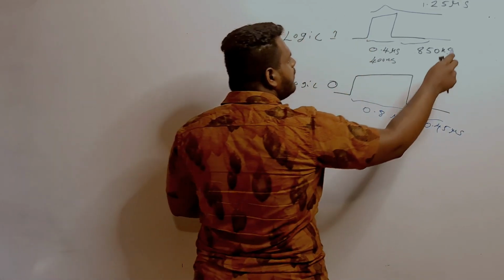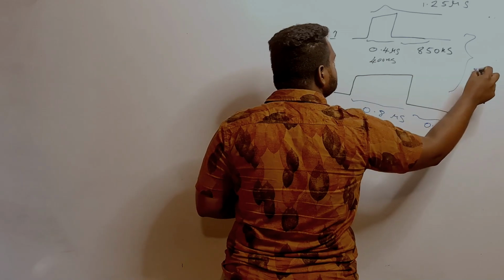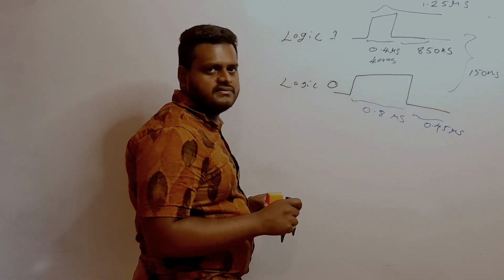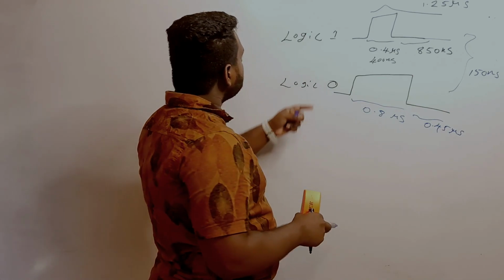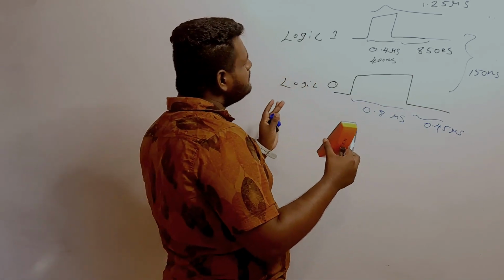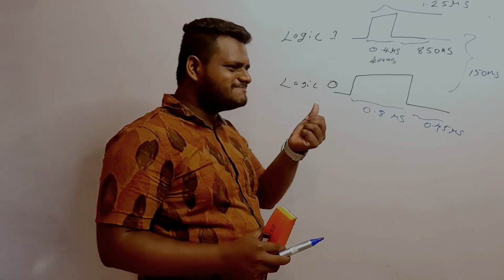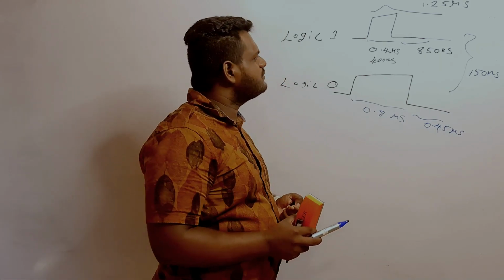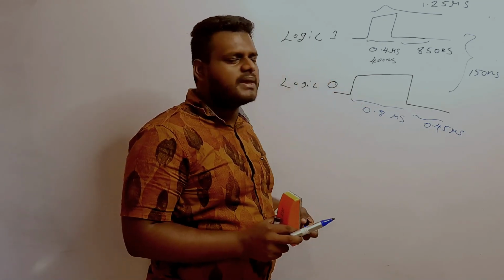But anyway, for both of them, they give a 150 nanosecond tolerance for writing this data cycle. So likewise, this is logic 1 and logic 0. This is very simple, actually not complex. No problem about this data streaming.